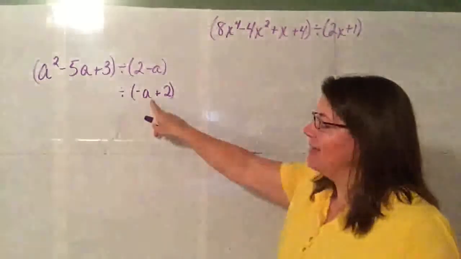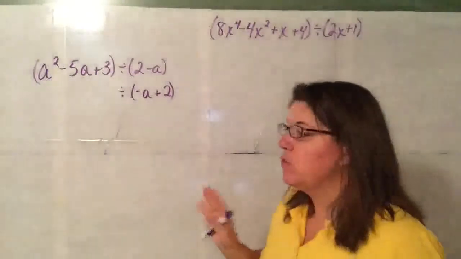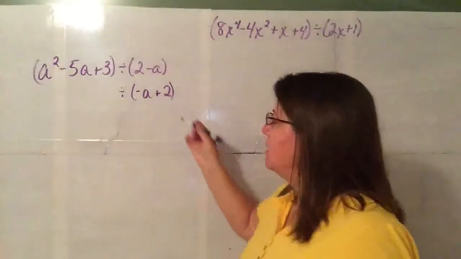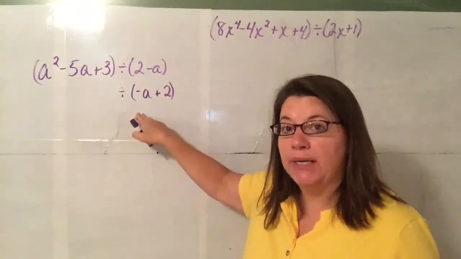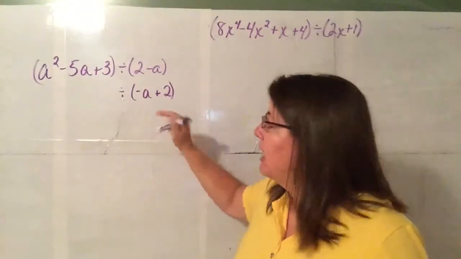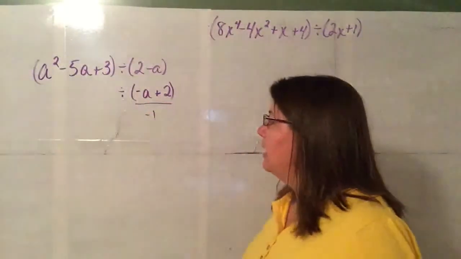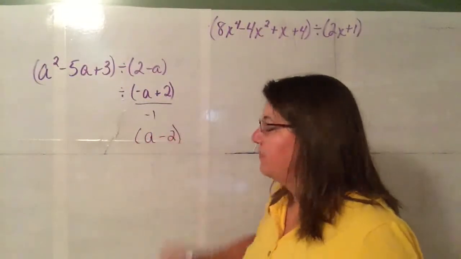Well, we have a negative variable plus a number. Okay, so we have to account for that and we have to take care of that. Now, when we do that, we can make -a positive by dividing it by -1. So that's what I'm going to do here. I'm going to divide this by -1. And when I do that, I end up with a minus 2, okay?